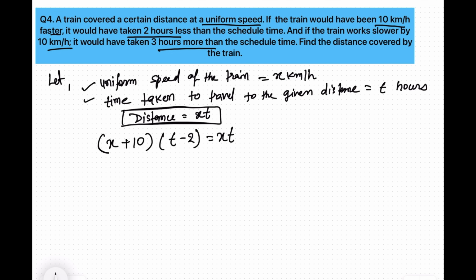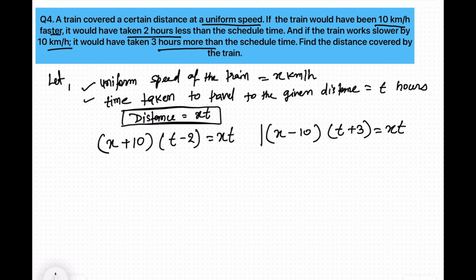The second situation is what? When it is slower by 10 kilometers per hour, it will take 3 hours more to cover the same distance. Is that clear? Now let's solve both equations, and then we'll use substitution or elimination according to the situation.